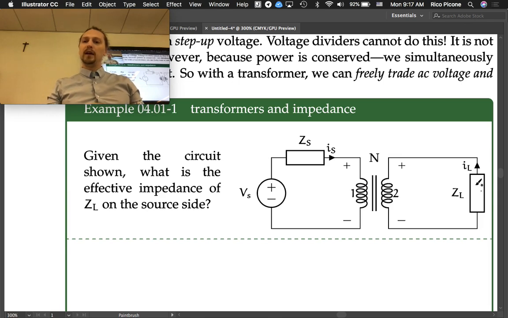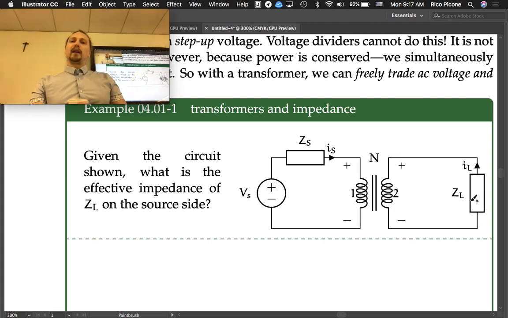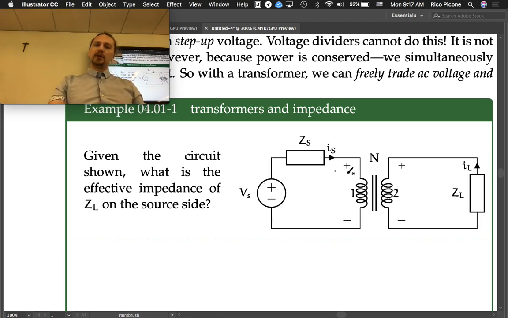So we have a load impedance. I didn't define what kind of element it is. It's just some load impedance, ZL. And we want to know what its effect is on the source side of the circuit. So we imagine that we're supplying some voltage here, and the two sides of this transformer transmit this voltage across, supplied to the load, but the load is also felt by the source circuit, right?